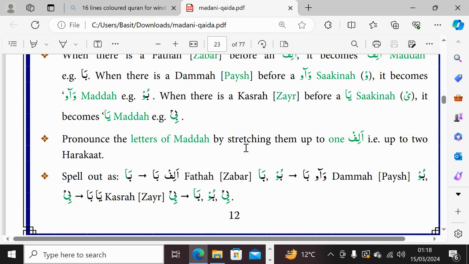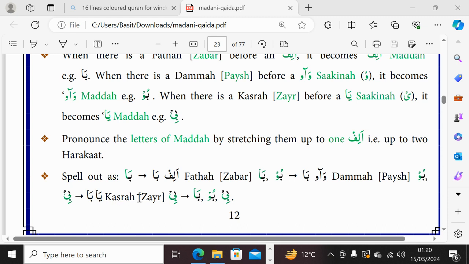Pronounce the letters of madda by stretching them up to one alif. One alif is equal to two harakat. Spell out as: ba, alif, zabar, ba. This is alif madda. Ba, waw, pesh, bu.